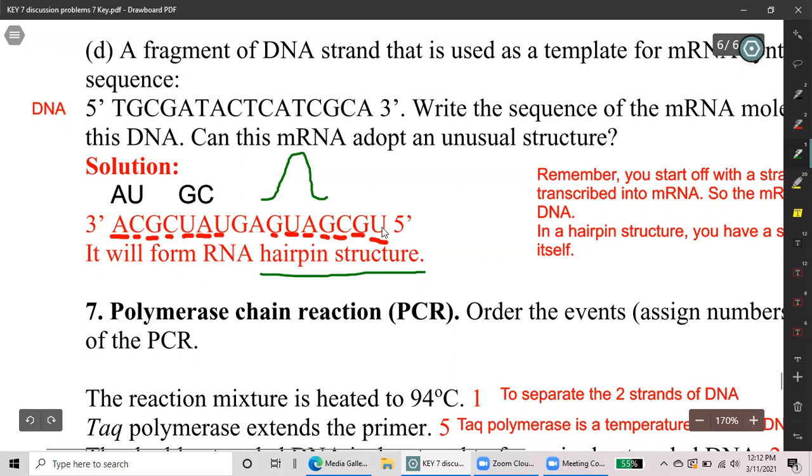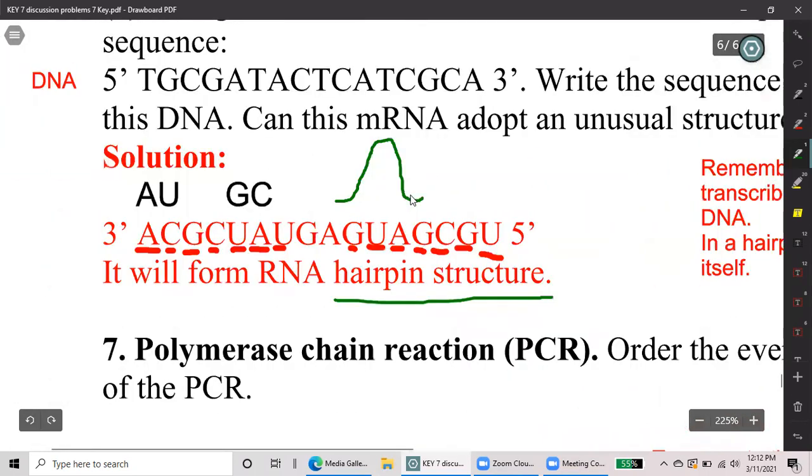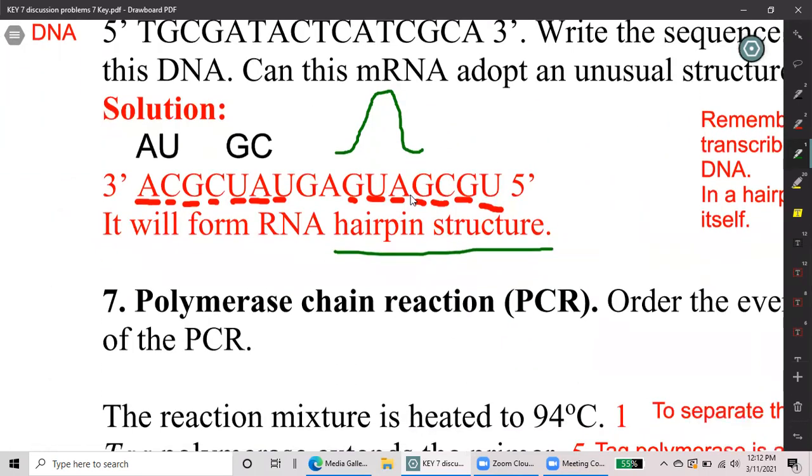That's all you do. Now, the next question is, it's asking you what three-dimensional structure this forms. So this is where RNA can form some three-dimensional structures. So let's check it out. A binds with U, C binds with G, G binds with C, C binds with G, A binds with U, and then, okay, I got lost.